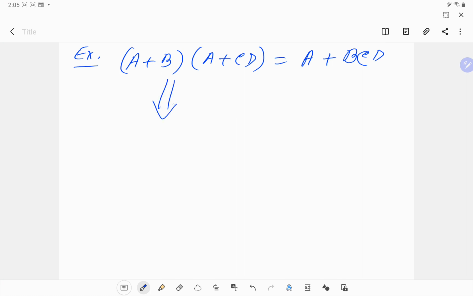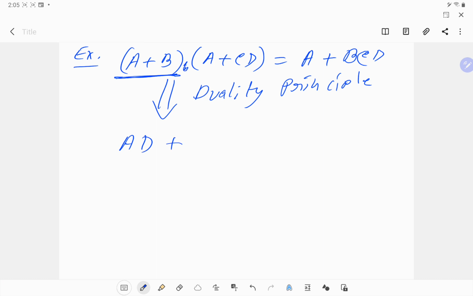So now if we apply the duality principle here, the relationship between A and B is plus, so that will be times now, and then this times will be plus now. So AB plus A times C plus D equals A times B plus C plus D.